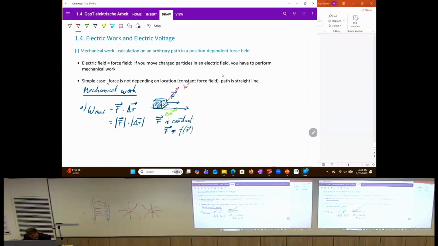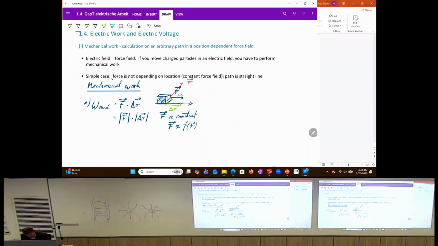Then you have a component of the force vector. You can decompose it into two components. One component aligns with your path element, with your delta r, and the other component is basically the rest of the force vector. And you say you have an angle alpha in here.